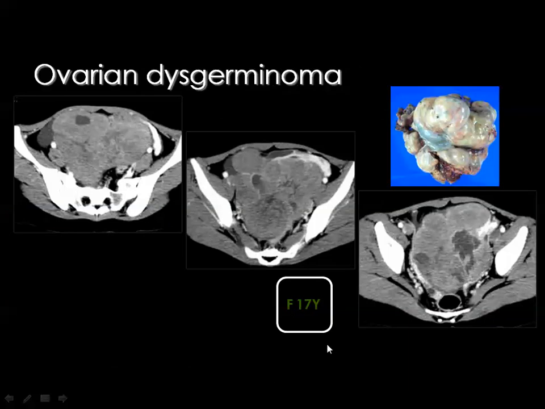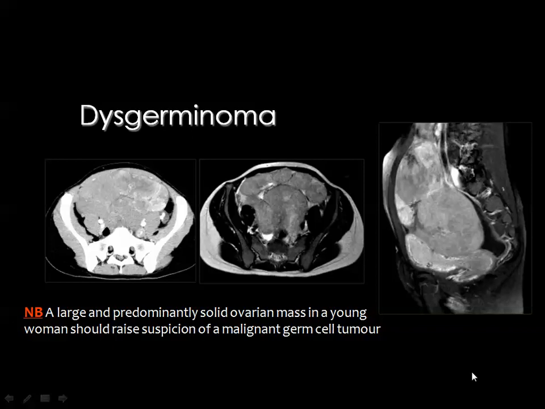And remember, the age of the patient is young and the tumor is big. Most of the tumors are solid, and some of the tumors may contain cystic changes. And this is one of the rules: a large, predominantly solid ovarian mass in a young woman should raise the suspicion of malignant germ cell tumor.